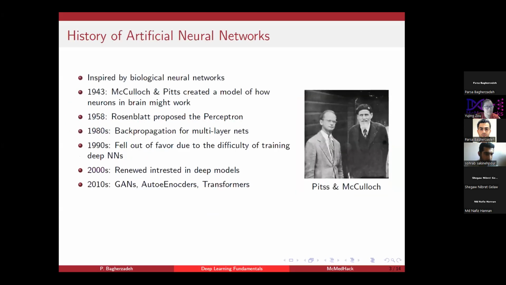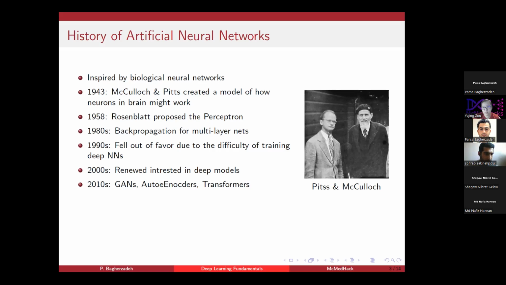So let's talk briefly about the history of ANNs, or artificial neural networks. ANNs are in contrast to NNNs, natural neural networks. These natural neural networks are basically those biological neural networks that we have in our body, and these ANNs are inspired by such organisms in our body.